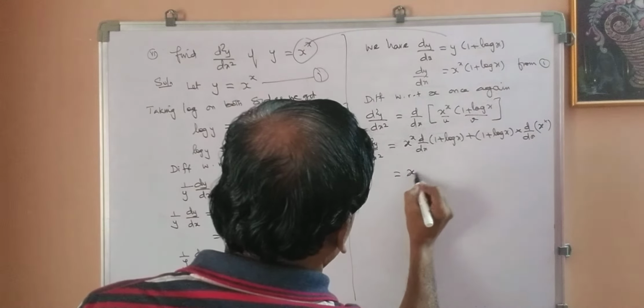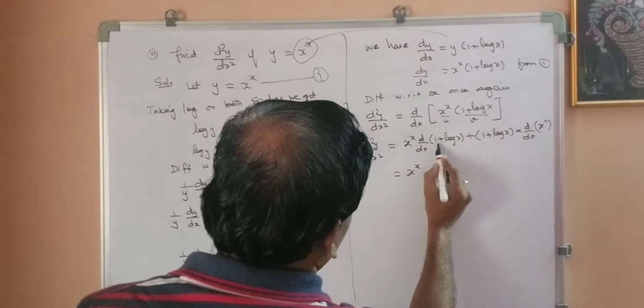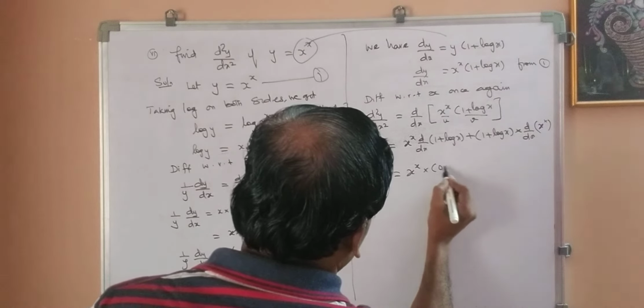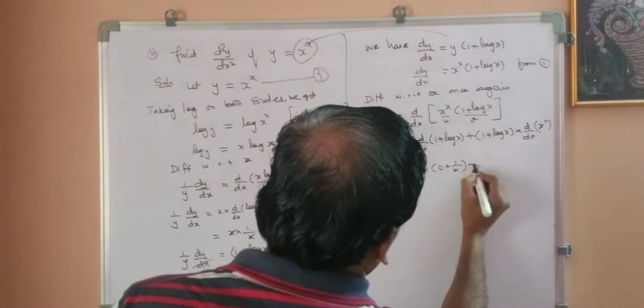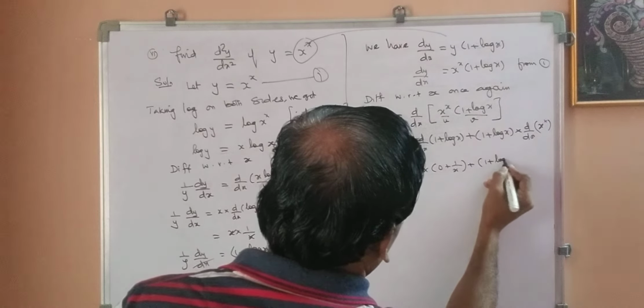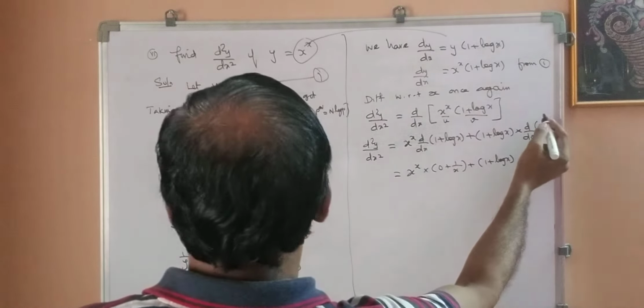It is equal to x raised to x. What is the derivative of 1? 0. What is the derivative of log x? 1 upon x, plus 1 plus log x into, what is the derivative of x to the power x?